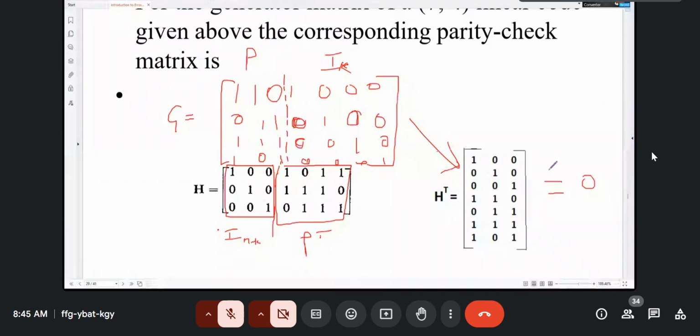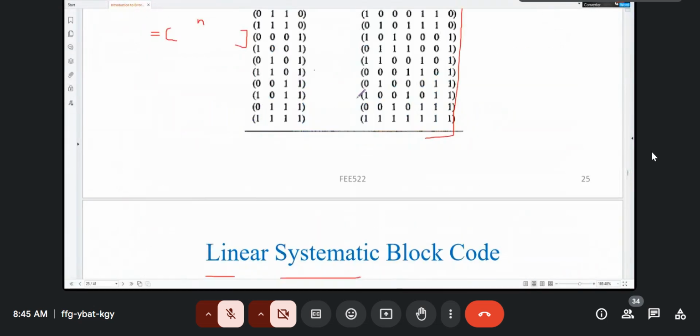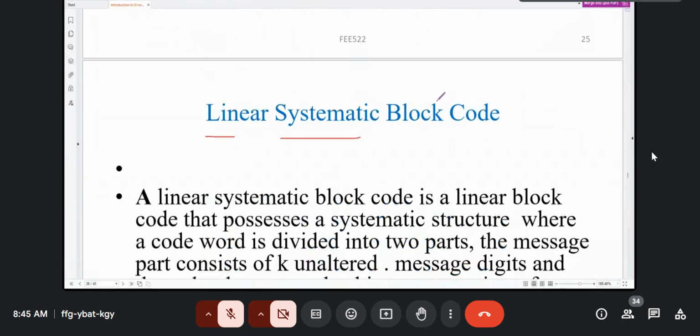And we can do with an example. Let's pick any of these code words here. Let's take the one you can remember easily. 1001 011.